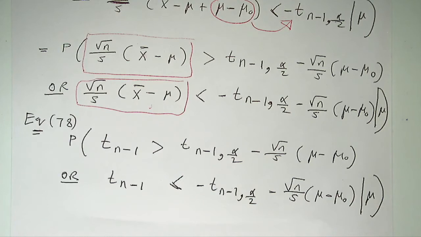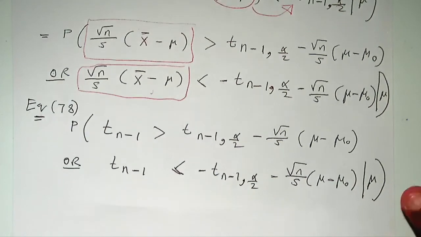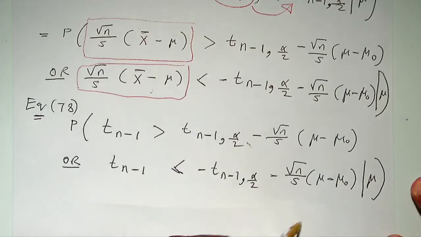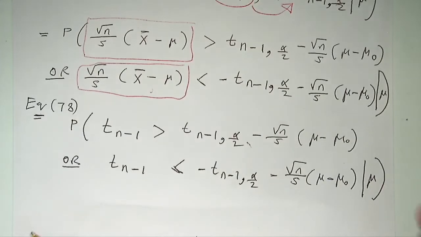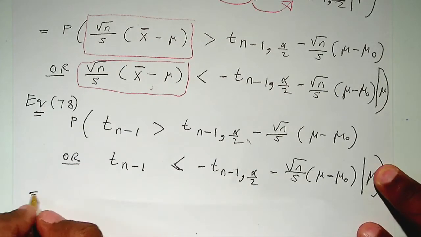Okay, guys? All right, the final step: because these two events are mutually exclusive, you can write this as a sum of probabilities.